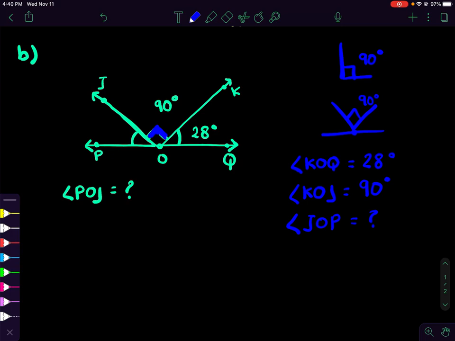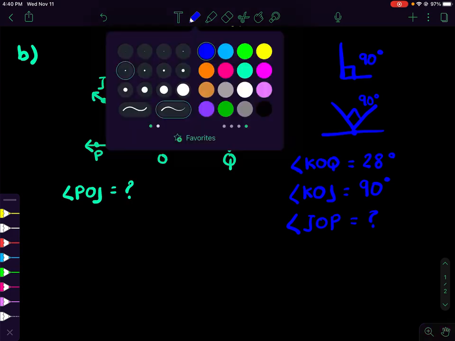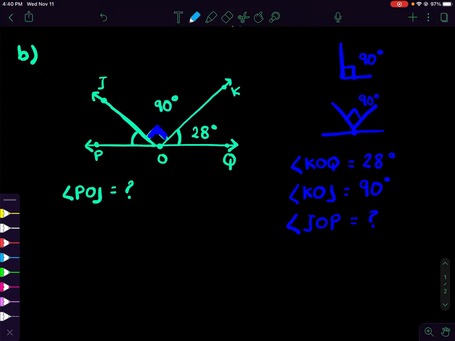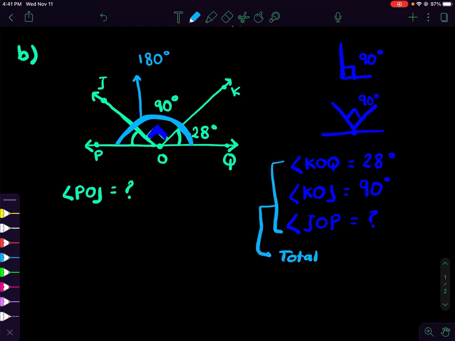What about QP? What about the whole thing? According to our rules, based on my first video that I talked about the rules, we know this is 180 degrees. So the total of the angles, all of them, is 180 degrees. So how do I find the angle POJ?